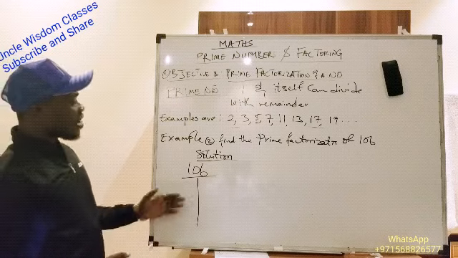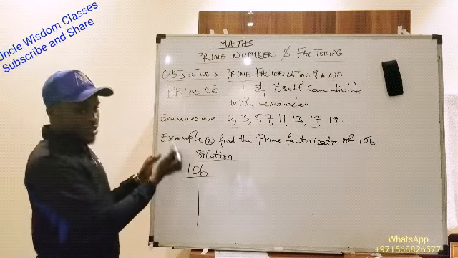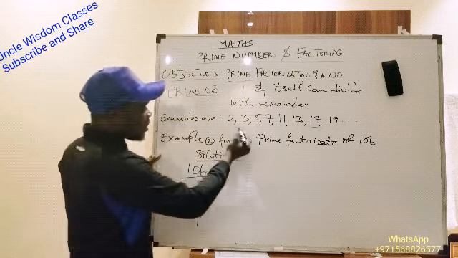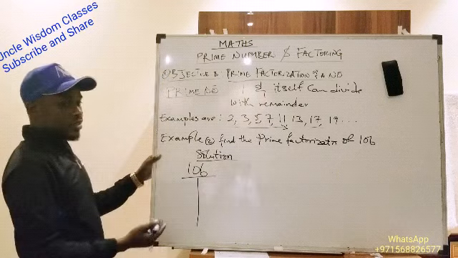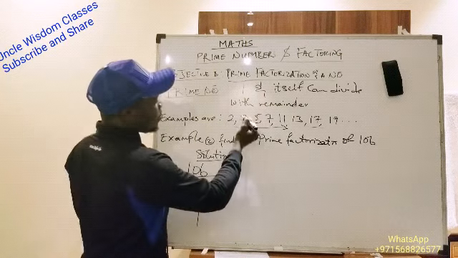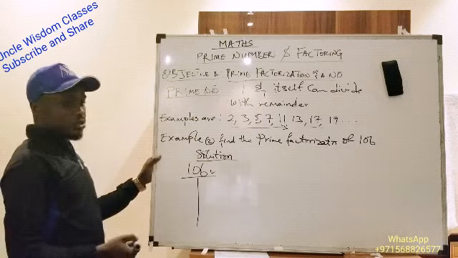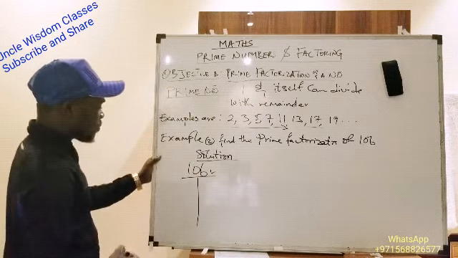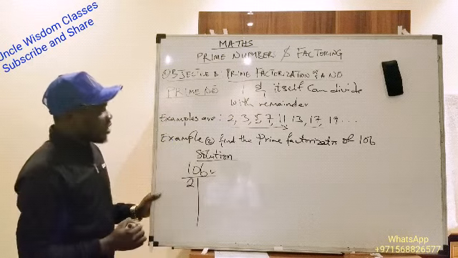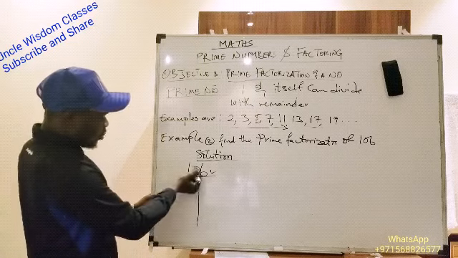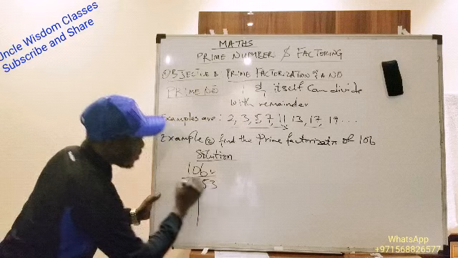And in finding the prime factors, you start with the least prime number and move on until you get the prime numbers that when you multiply them, you can achieve what you want to find out. So 2 as a prime number can divide 106 to give us 53.